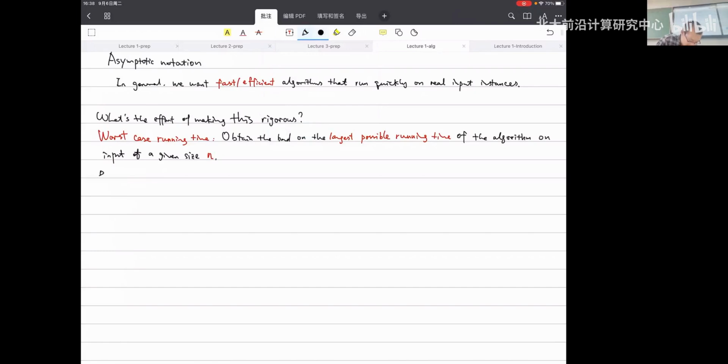And there are some remarks we want to make: the worst case running time can be conservative. Of course it can be, because we are talking about the worst case. The best case running time might be trivial for some very specific instances. But in general, the worst case running time can be conservative.